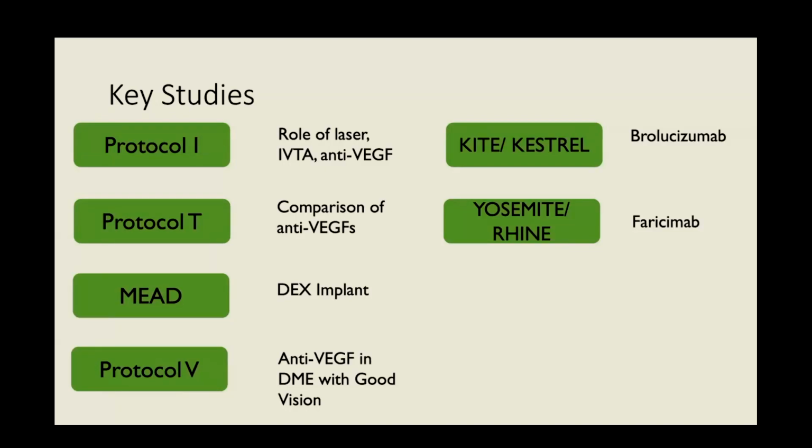But the point about these studies is we should at least know what agent is good or most effective in terms of both visual acuity as well as drying of macular edema. And if we have to choose between two drugs, is there any evidence to show that one is better than the other?